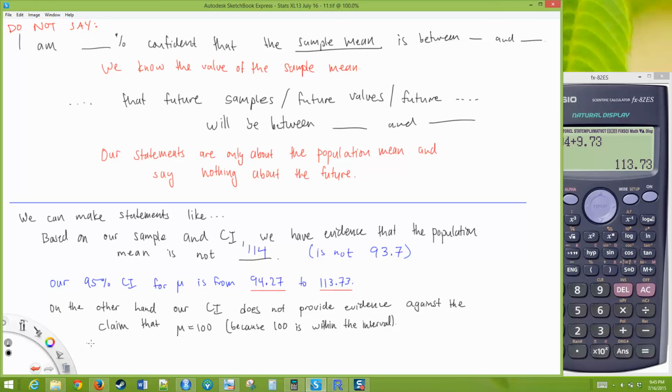It does not prove, and it does not provide evidence that mu is 100 though. So we just have no reason to reject the claim that it's 100.